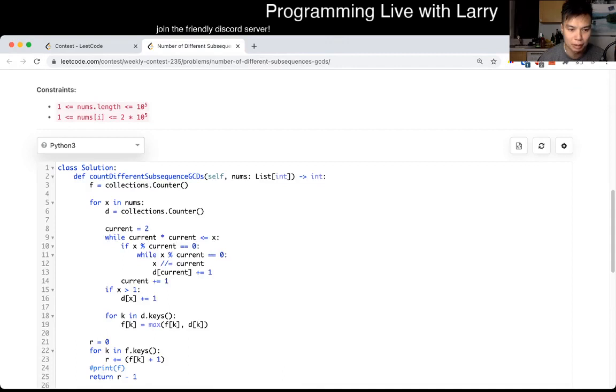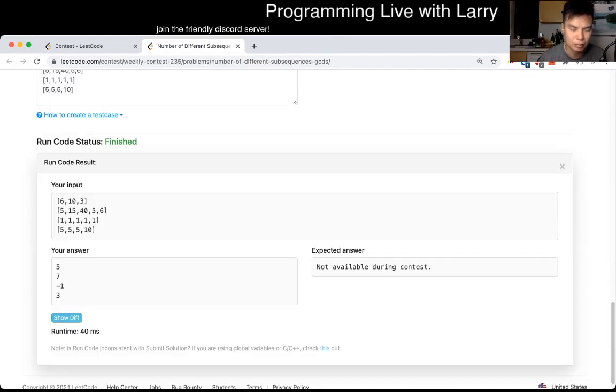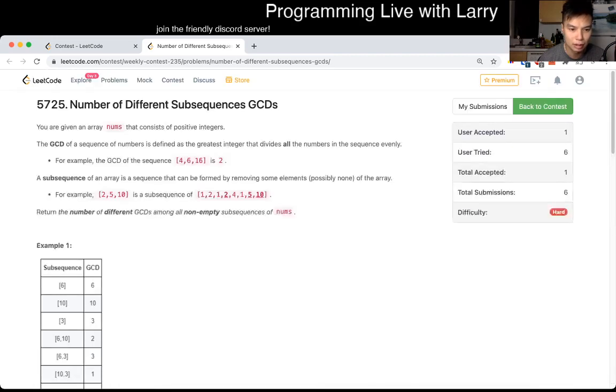This isn't even right, but this is 5, 10. This is 5 and 10. So that's also wrong.